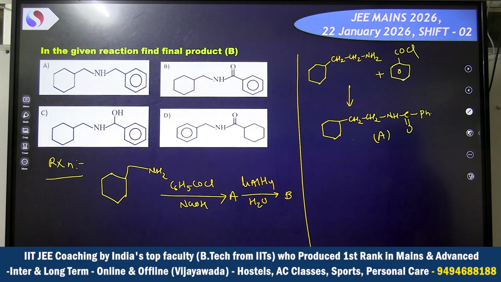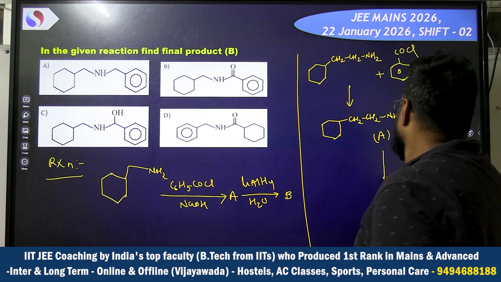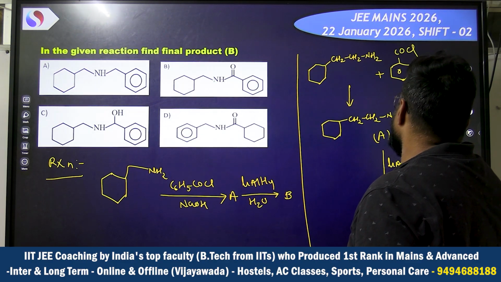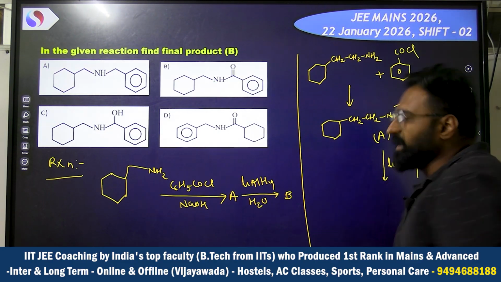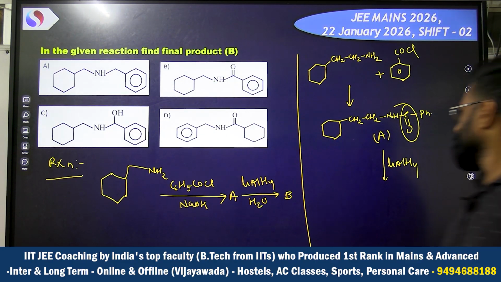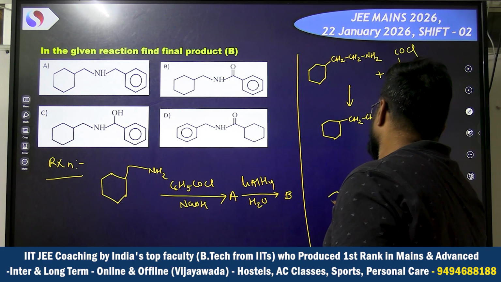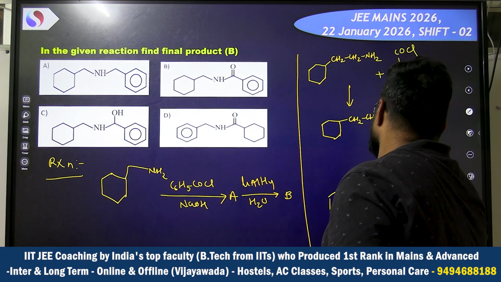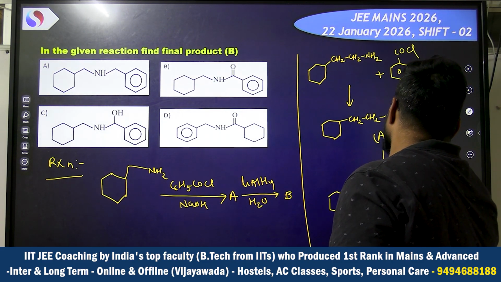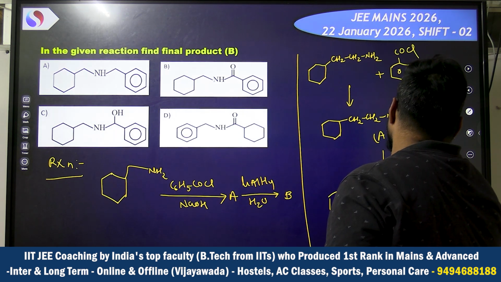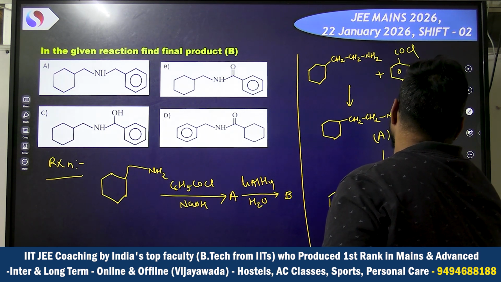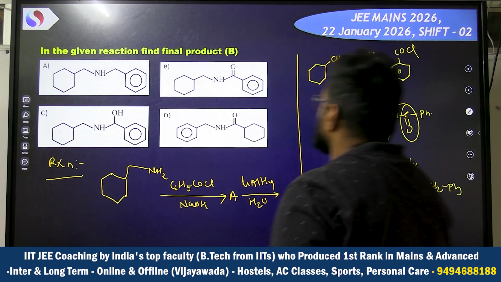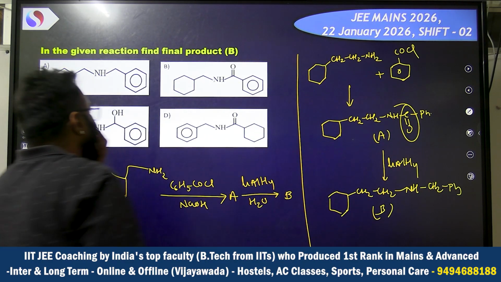Then LiAlH4. So with LiAlH4, you know, the amide group undergoes reduction. So A will become CH2 NH CH2 C6H5. This will be B. So which option resembles B?